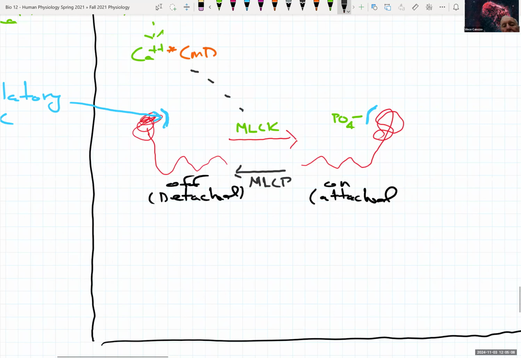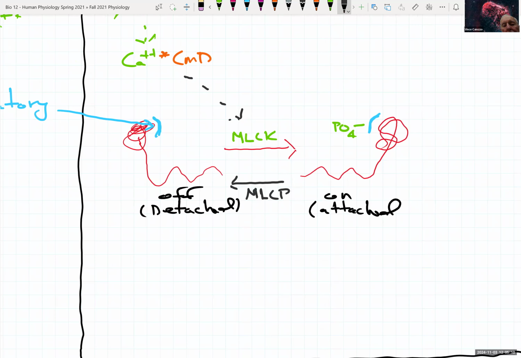In this case, it's myosin light chain kinase. And here in parentheses, I'm going to put a positive sign to indicate that when calcium is bound to calmodulin, it causes the myosin light chain kinase to turn on, which then leads to the phosphorylation of the regulatory myosin light chain, which will lead to an increase in force production.